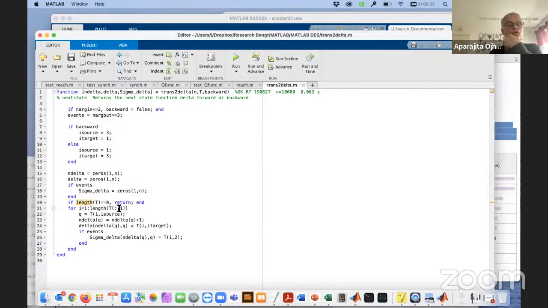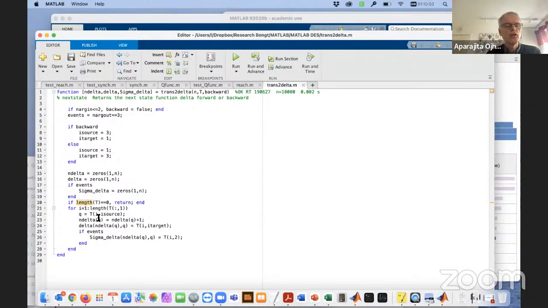So then you go through all the transition relations in this T. It means that we take the length of the first column in T. It's just some initialization here.